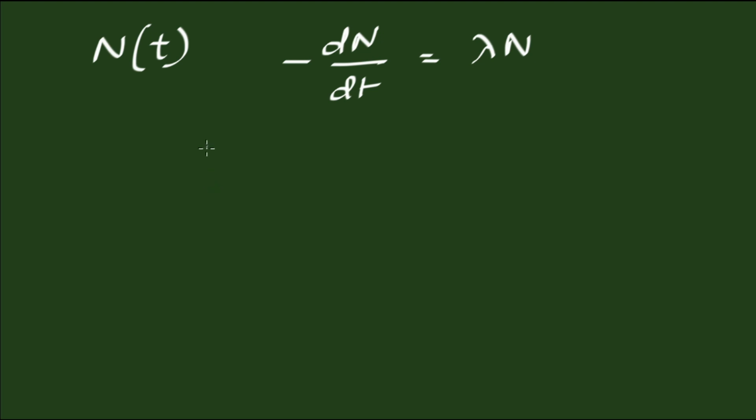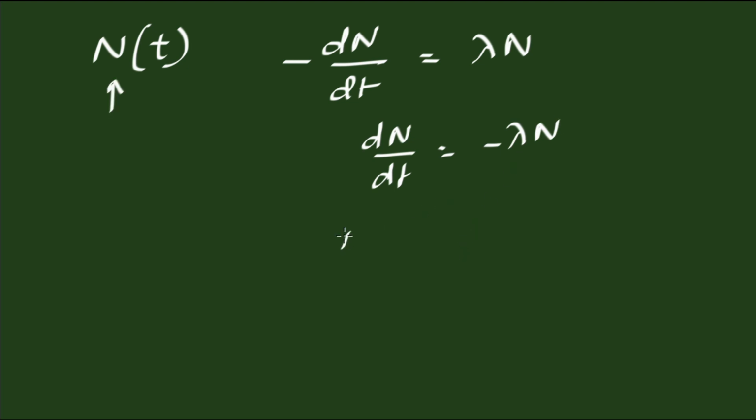If you have 100 rupees in the bank and if it becomes 95 rupees, the decrease in the money is 5 rupees. The change in the money is minus 5. So decrease is minus of change. So the rate of decrease is minus of rate of change. So our differential equation becomes dN by dt is equal to minus lambda times N.